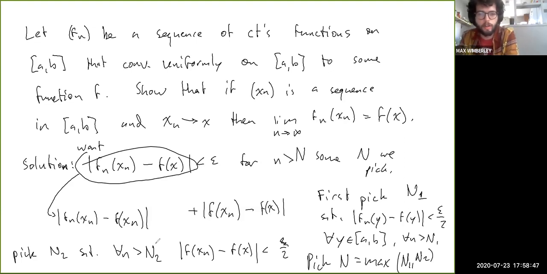I'm pretty sure this is all good now. Because then for little n bigger than this capital N, this has to be less than epsilon over 2 because of how we picked capital N1, and this is less than epsilon over 2 because of how we picked capital N2. Am I missing anything? I think this works.